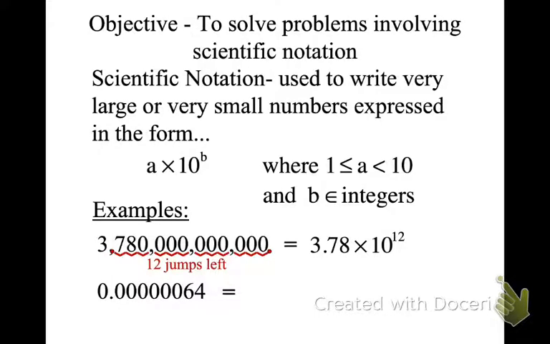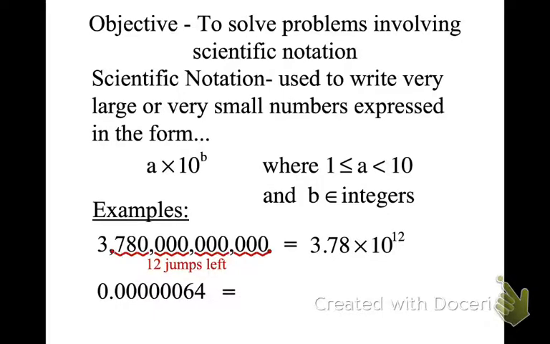Decimals are the same as fractions. So what kind of exponents show us fractions? Negative. Negative exponents show us fractions. So we know that when we multiply by that power of 10, it's going to have to be with a negative exponent in order to really represent this decimal.